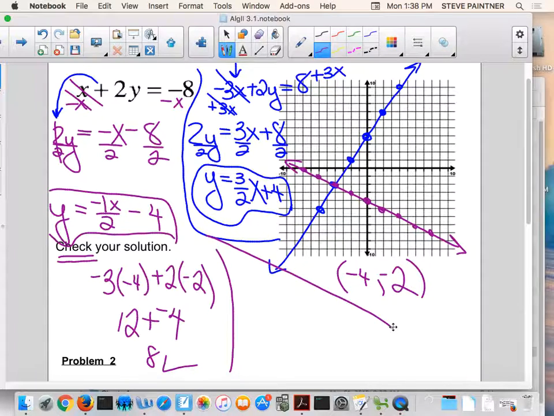Check this equation. x plus 2y. x is -4. 2 times y. That'd be -4 plus -4. -4 makes -8. Check, check, right? Works in the first and works in the second. You got it right.